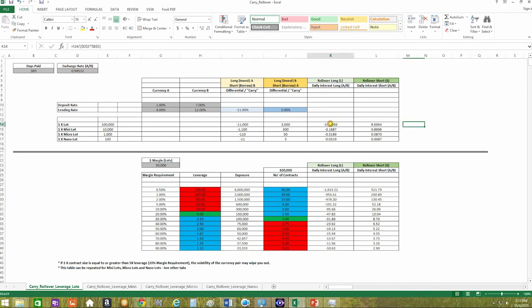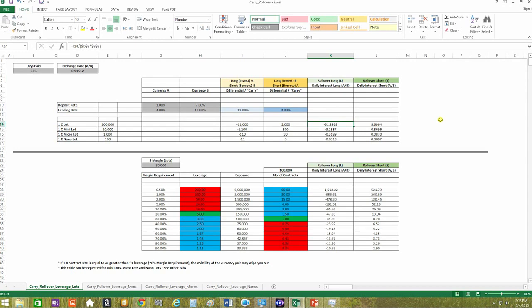Now, with this situation, you have to start thinking in a similar way, because if you decide to go long the currency pair AB, and you actually have no idea what the rollover situation is, so the interest rate differential worked out on a daily basis, then it's pretty obvious that if the volatility of the currency pair doesn't move by this amount per day, then you can quite easily make nothing per day.